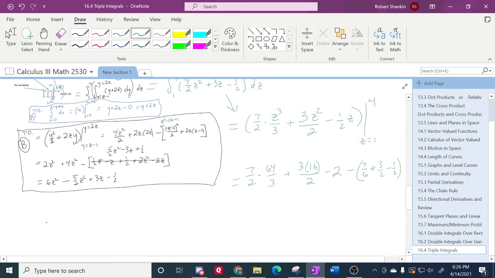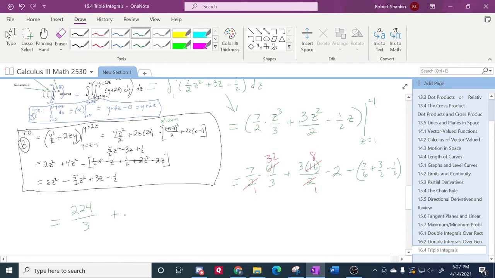And this is equal to, now, this reduces, and I'm going to get 7 times 32 over 3. 7 times 32 is 224 over 3.